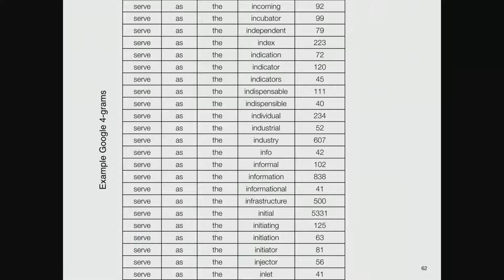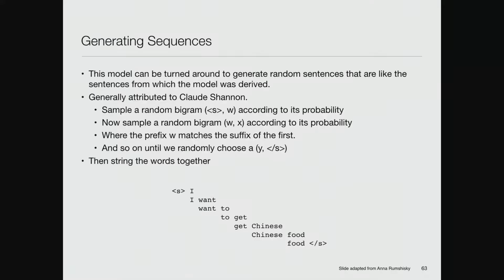And now, given those statistics, we can then build a generator. So we can say, all right, suppose I start with a token, which is the beginning of a sentence, or the separator between sentences, and I say, sample a random bigram starting with the beginning of a sentence and a word according to its probability, and then sample the next bigram from that word and all the other words according to its probability, and keep doing that until you hit the end of sentence marker.